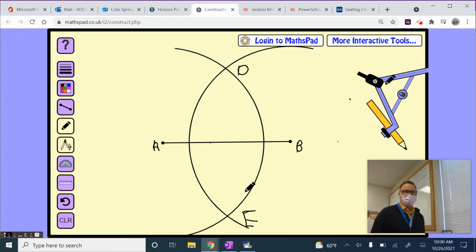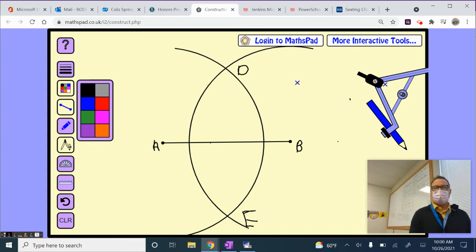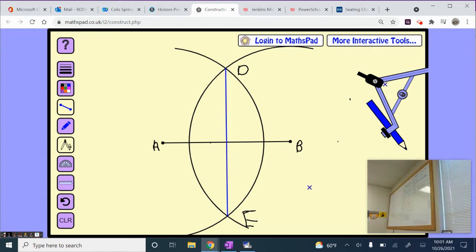Now you just take your straight edge and you just simply construct a segment, or a line, but let's just do a segment between D and E, which is pretty cool, right? So I'll do it in blue here. So you just simply construct a segment between D and E. And so, ladies and gentlemen, this segment right here is actually a perpendicular bisector of segment AB. Okay? So we'll call that point C. Okay, so now we have a point C, right?